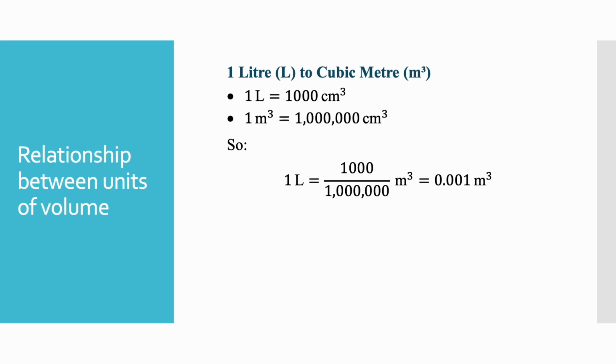So this would give us 0.001 cubic meters. So 1 liter is equal to 0.001 cubic meters. This is useful when we deal with large liquid quantities.